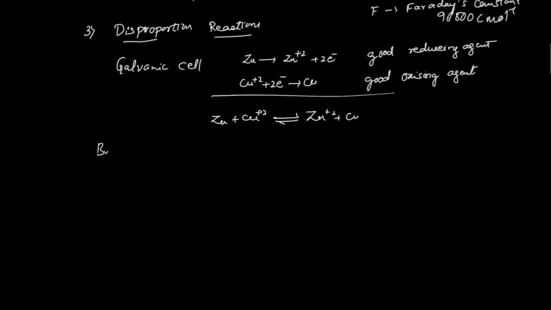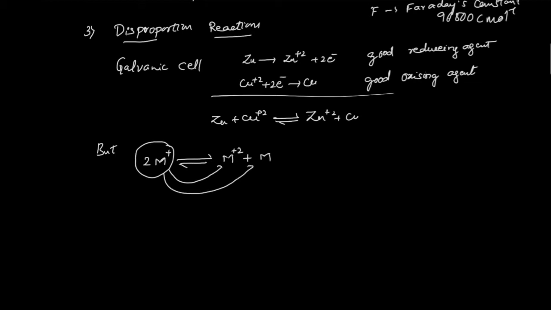But some species, such as a metal ion M plus, undergo self oxidation and also self reduction: oxidized to a higher oxidation state, and reduced to a lower oxidation state. That means a single species is undergoing both oxidation and reduction.